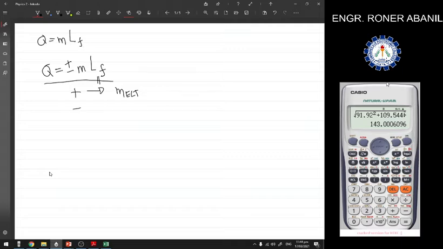So, yung minus naman or tinatawag na leaving heat is kapag magfi-freeze tayo. Magfi-freeze. So, the heat of fusion is different for different materials and also varies somewhat with pressure.